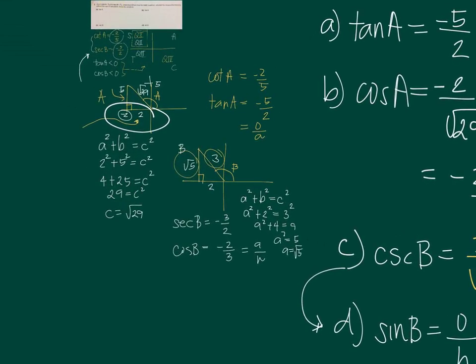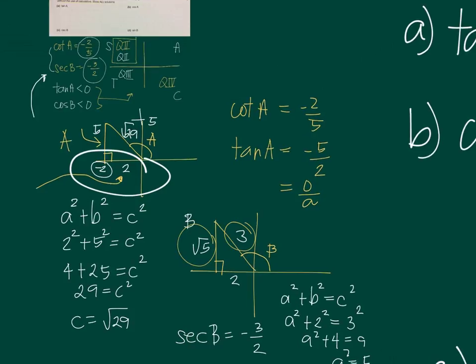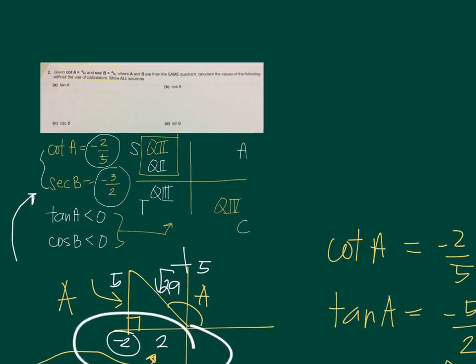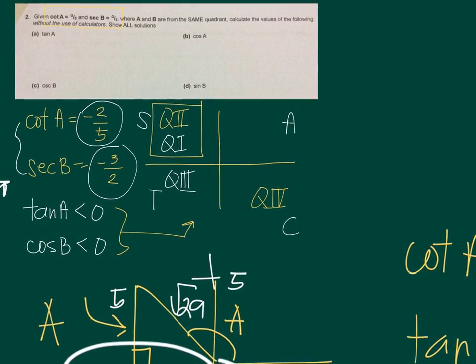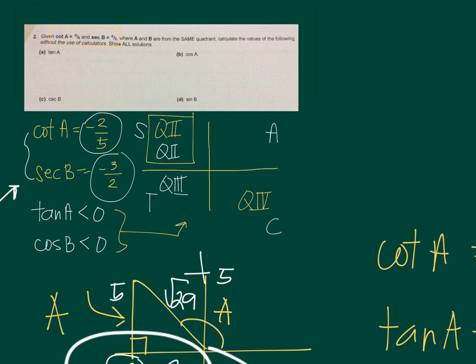Okay, so what are the key ideas in solving a problem like this? First, you need to identify where the angles are located. This can be determined by using the information given in the problem. In this case, we have cotangent A to be negative 2 over 5 and secant B to be negative 3 over 2.